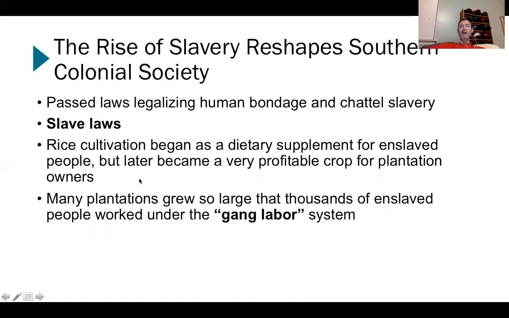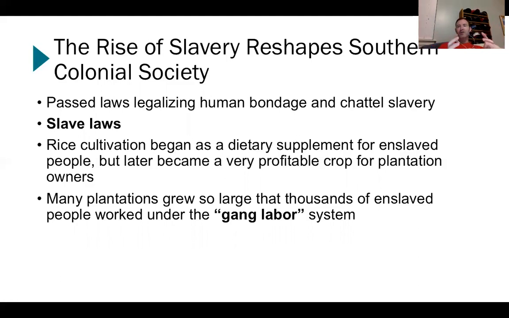Okay. So therefore, like we said a moment ago, these slave codes legalizing human bondage. Barbados, excuse me, is going to start a lot of these, and they're going to infiltrate into parts of South Carolina, Virginia, and other colonies, and later on states that did allow for this to happen.